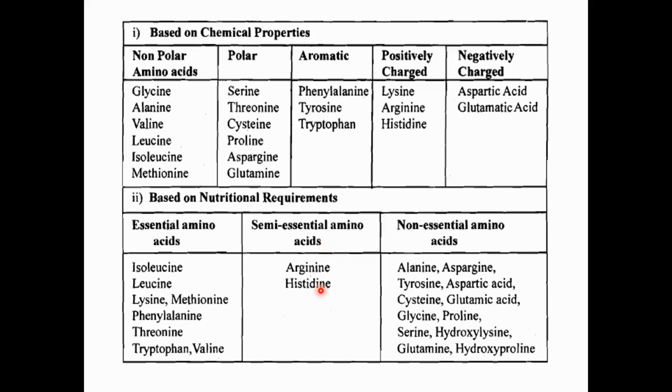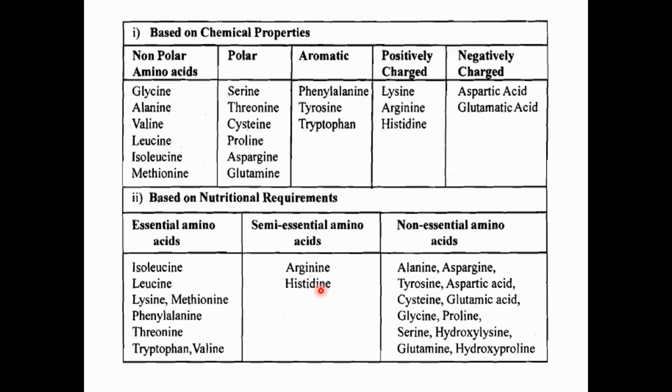The semi-essential amino acids are those that can be synthesized in our body but not in adequate quantities, so we need to get some portion from outside of our body, from our diet. And non-essential amino acids are those that we do not absolutely need to take from outside or from our food.